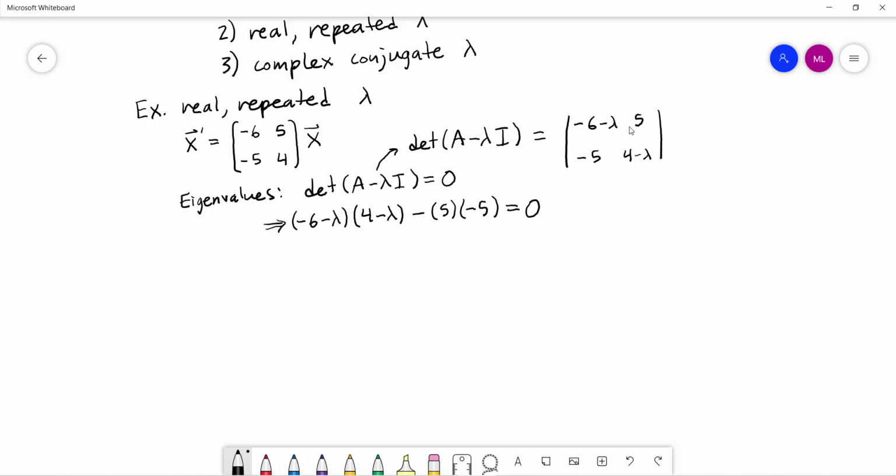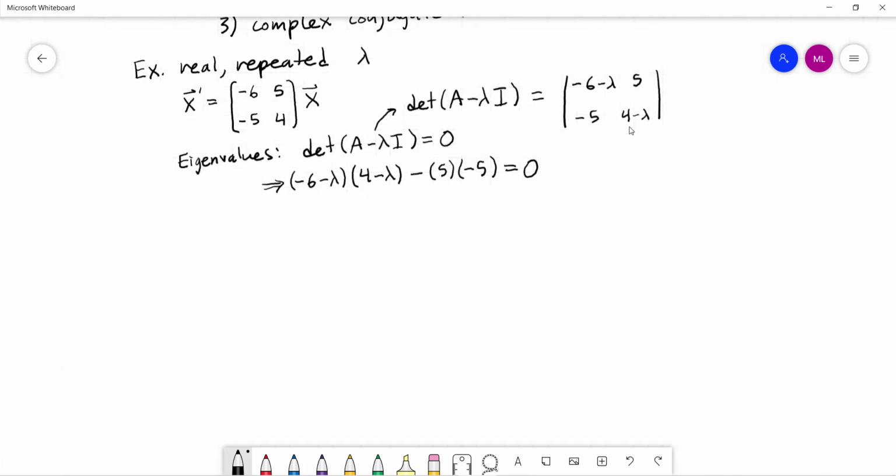So here's what that looks like. If we FOIL this out and clean it up, we'll get lambda squared. I'm going to get a plus 6 lambda and a minus 4 lambda, so plus 6 minus 4 is a plus 2 lambda. I'm going to get a negative 24, so minus 24, but I'm also going to get a plus 25, so minus 24 plus 25.